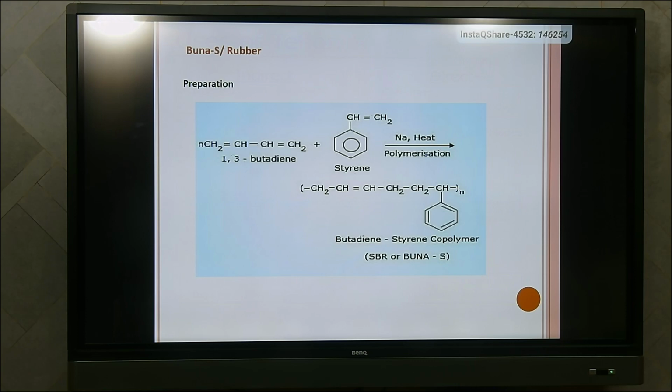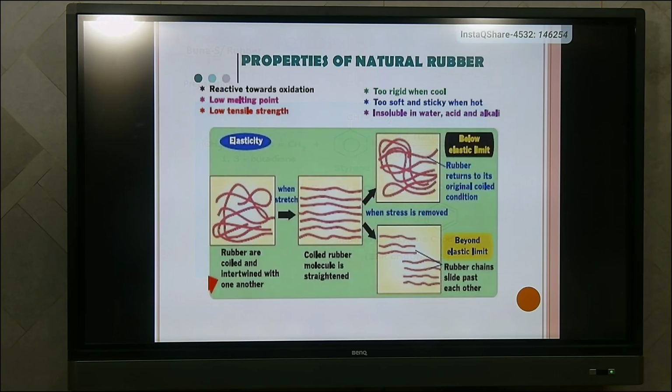You have to heat both these monomers, wherein you can form a good polymer chain, wherein there will be connection between the CH2 group from your butadiene, that is the end product, with that of your styrene. Here the double bond from butadiene and the styrene will get converted into a single bond, and this is a good example for your addition polymerization.